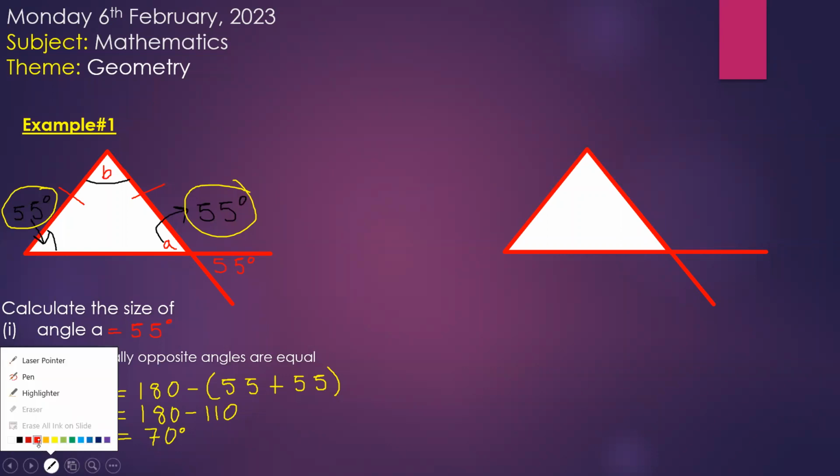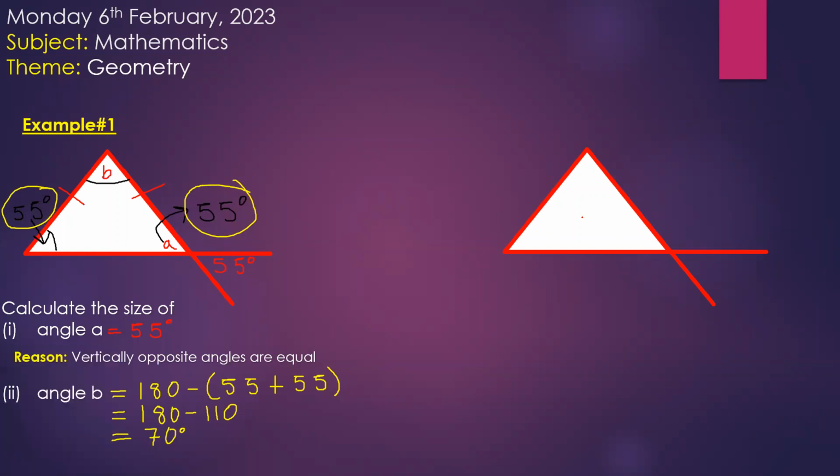Remember, for an isosceles triangle, two angles are equal and two sides are equal.